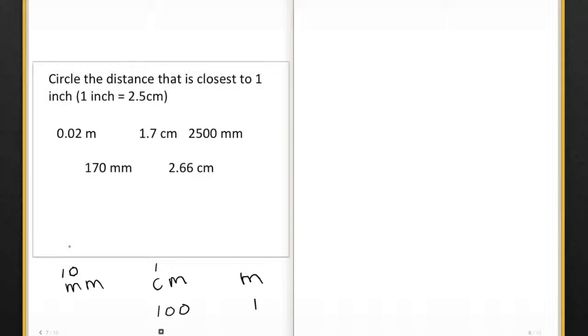So let's start with the first one. We're trying to find the closest thing to 2.5 centimetres. So with the metres, we need to change that from metres to centimetres. So I'm going from 1 to 100. That would be low to high.